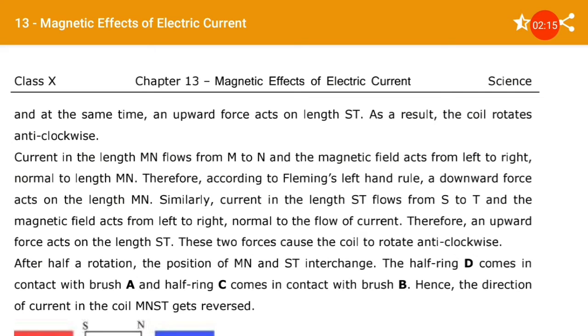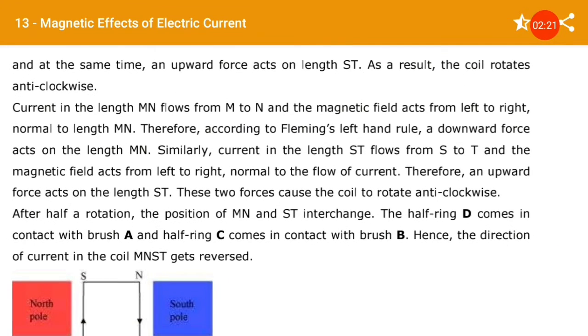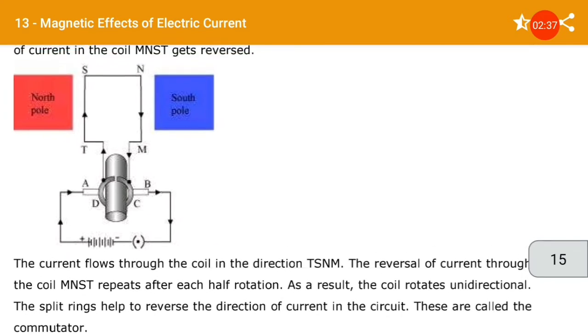After half of the rotation, the positions of MN and ST interchange. The half ring D comes in contact with brush A and half ring C comes in contact with brush B. Hence, the direction of the current in the coil MNST gets reversed.